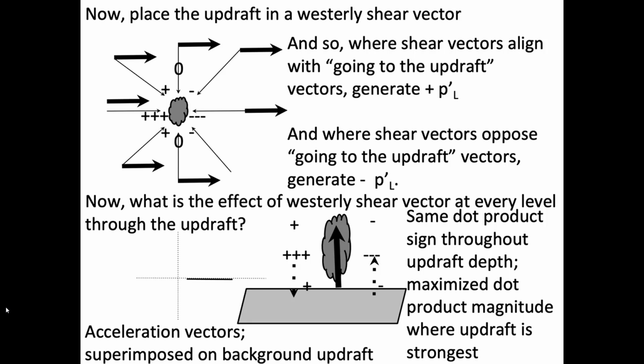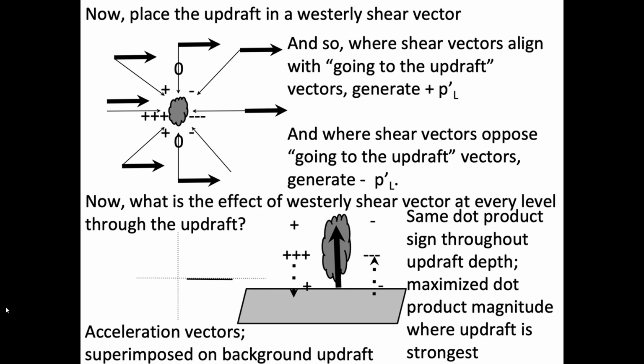Well, we know that this effect is going to maximize where the updraft is strongest. That's going to be where our updraft gradient vector has the strongest magnitude, and that's going to be in the middle parts of the updraft, middle to upper parts of the updraft. And so that's going to be the driving force for our induced vertical perturbation pressure gradient forces.